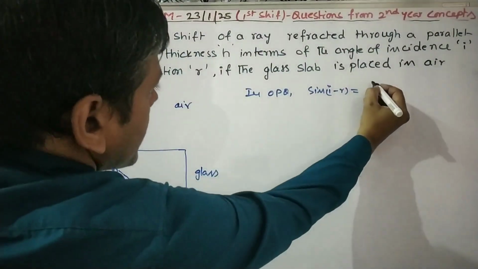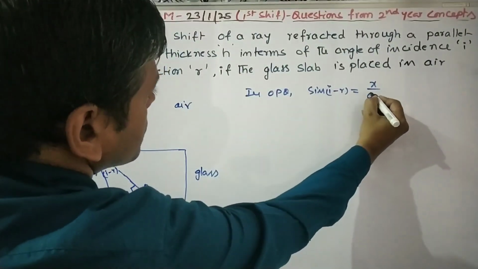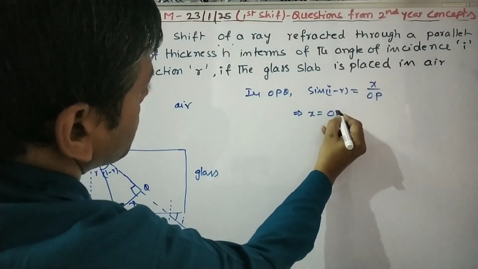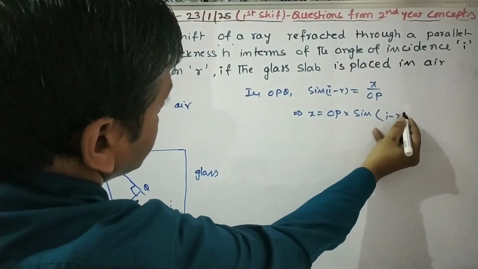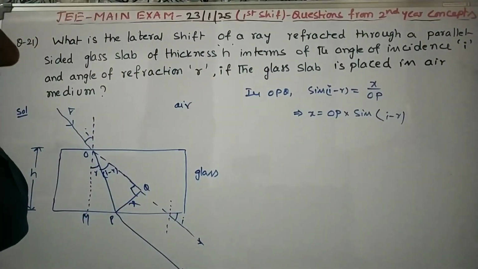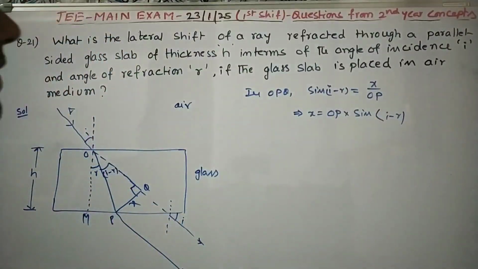X by hypotenuse is equal to OP. We don't know its value. That implies X is equal to OP into sine(i minus r). So if you know OP, then you can easily write the required thing: lateral shift in terms of angle of incidence and angle of refraction.